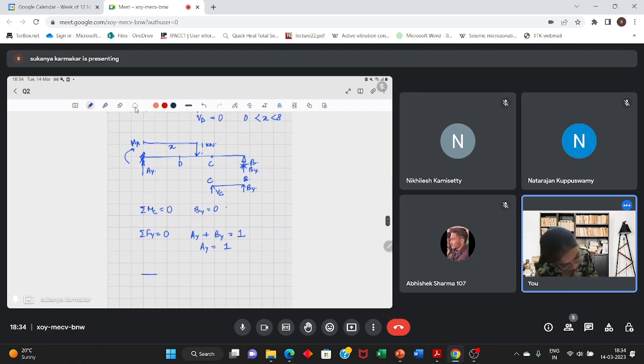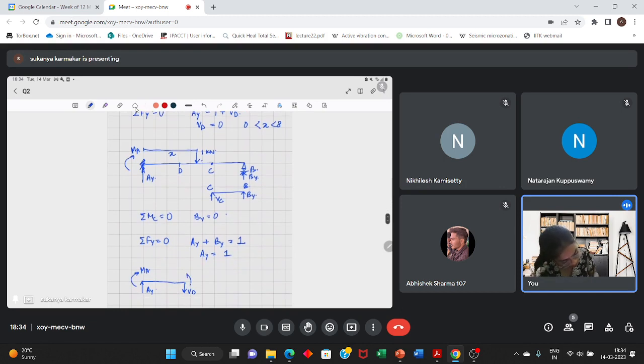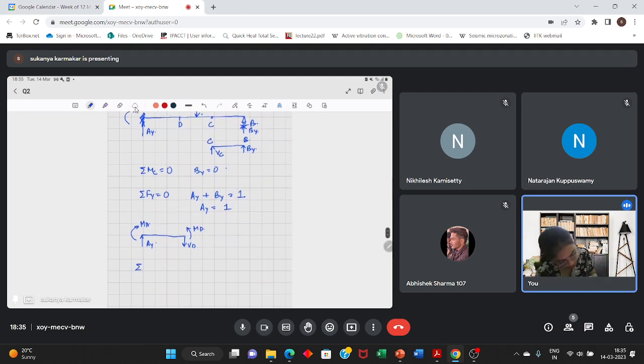So again, consider this portion. Here you have Ay, you have MA. Vd will act in this direction, and there will be Md. Now, the unit load is between D and C, so that does not appear. Now, summation of force in y direction is 0.